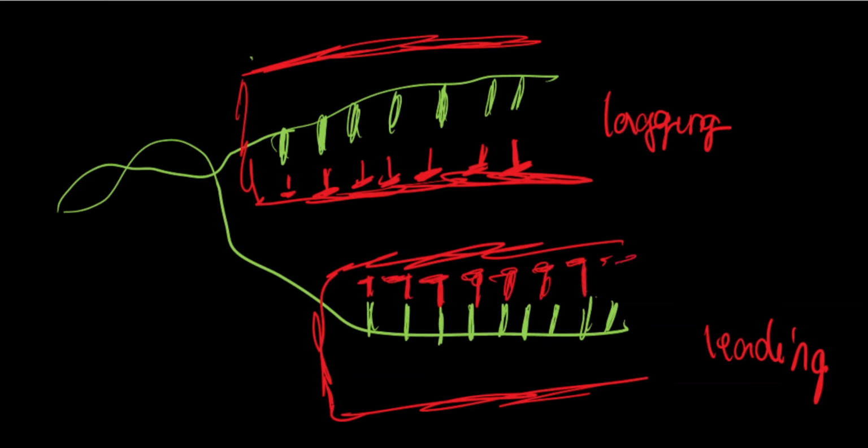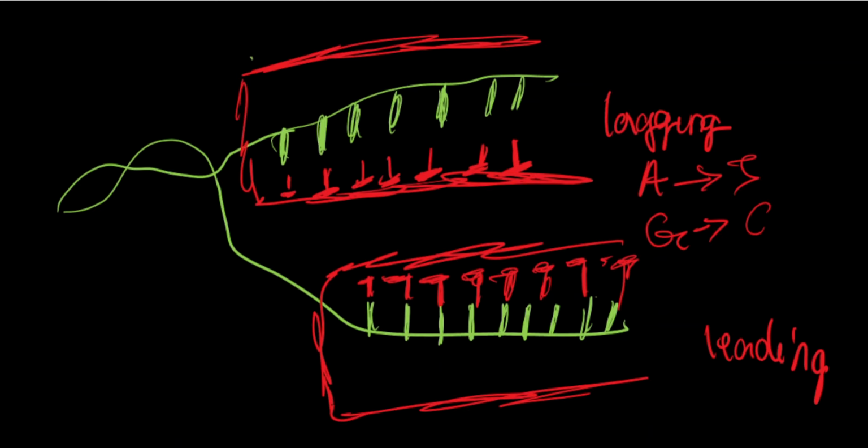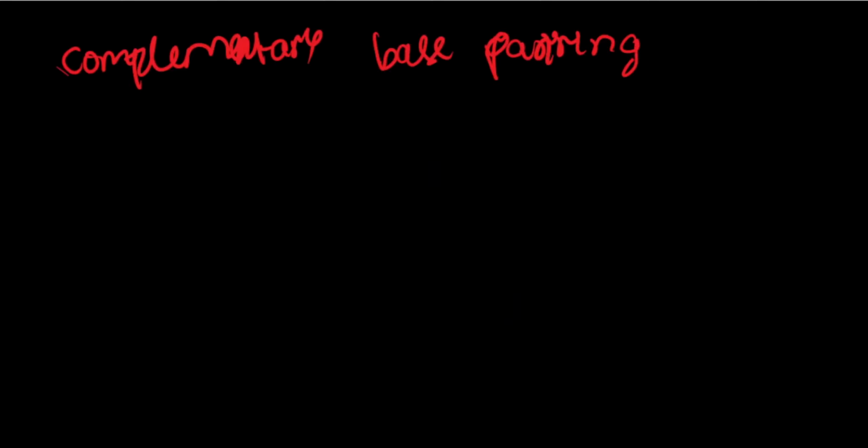Now, of course, this could be adenine to thymine and then guanine to cytosine. It's very important for us to take note of this. We have what we call complementary base pairing and we have obligatory base pairing.